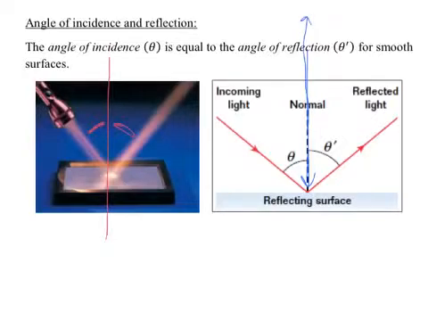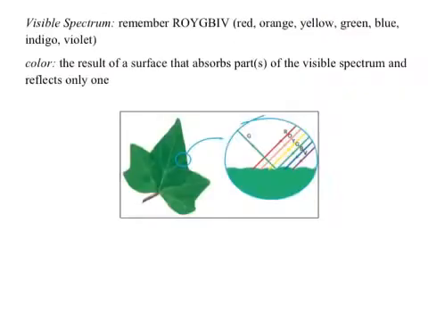Next, let's take a look at the visible spectrum, and we can remember ROY G. BIV: red, orange, yellow, green, blue, indigo, violet. Sometimes books, especially your textbook, leave out indigo, which is really just the shade between the blue and the violet colors. What we should notice is that color is really the result of a surface that absorbs parts of the visible spectrum and reflects only one part, or a combination of parts that give only one color.